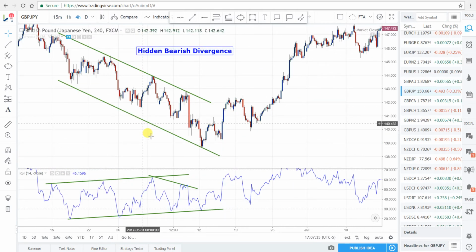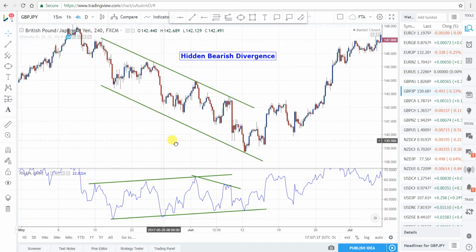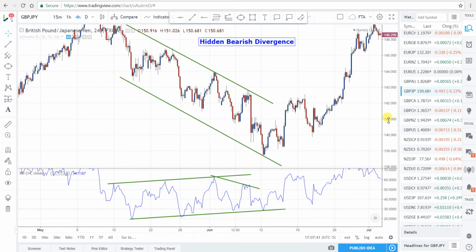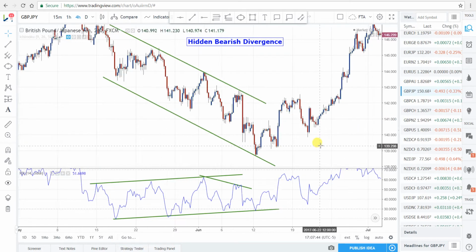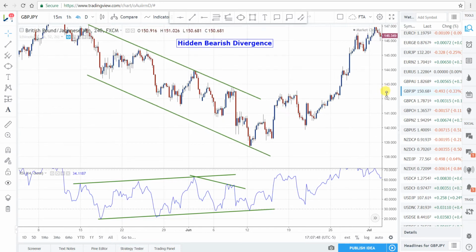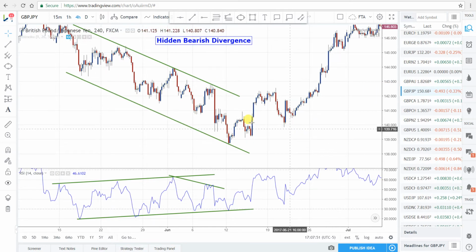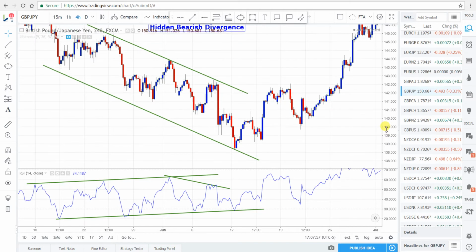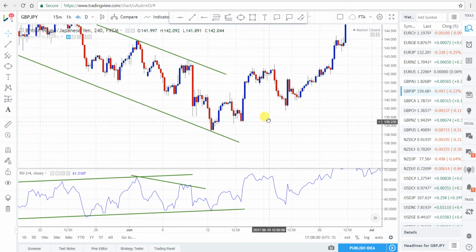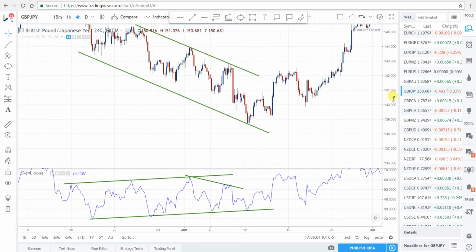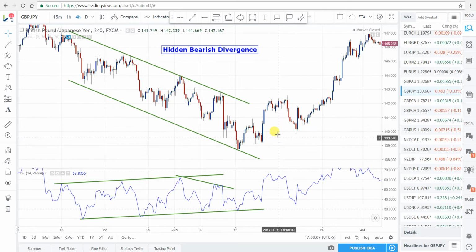So we have other videos to discuss how you can use divergence, especially in combination with other tools. Again, Fibonacci, trend lines, other methods of how you trade using all of these indicators and divergence to help you get a better idea of where to enter the market and what to look for, and setting entries and exits, and when to look at confirmation.